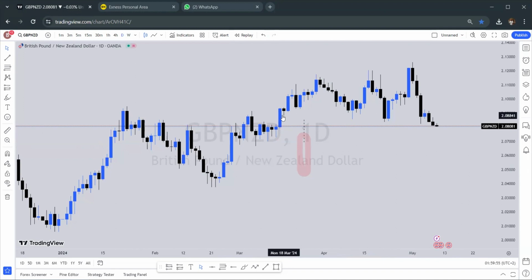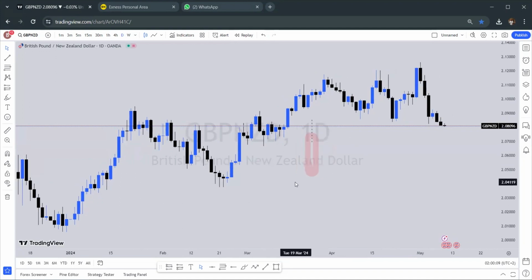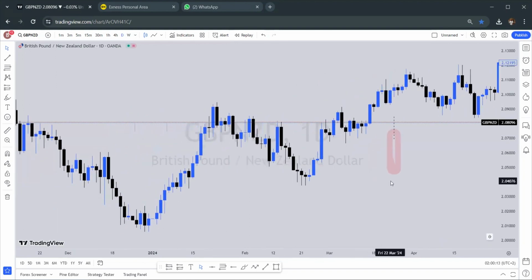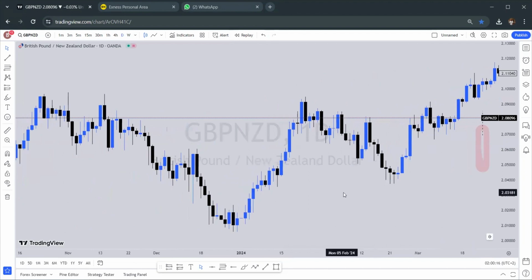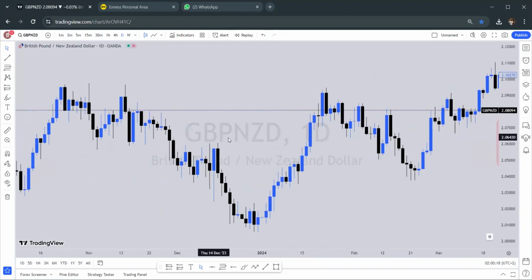But when we start candlestick analysis, we talk about how they form. You understand? Now, what I just want to let you know is that in time frames, if you take a look at the screen here, what you have is GBP NZD 1D.